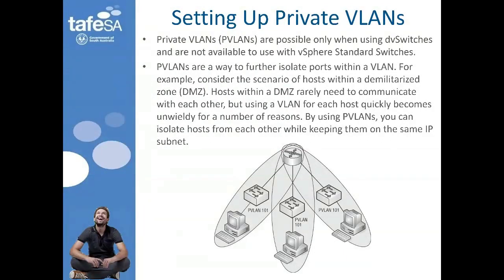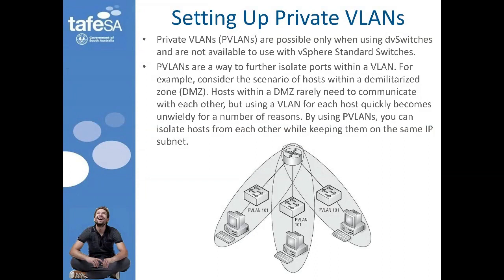If we then set up private VLANs within the DMZ so that each one is a separate VLAN, then even if this is compromised, you cannot compromise these other computers directly. It will still have to go through the router, and that's where the firewalls, like Alexi was talking about, can exist. So private VLANs can further isolate ports within a VLAN.